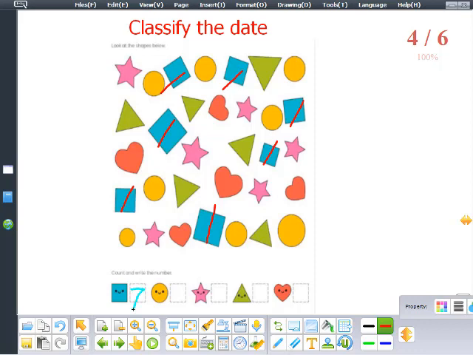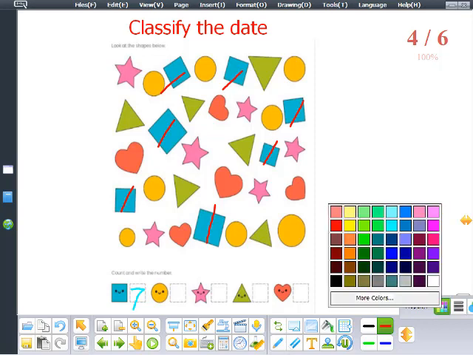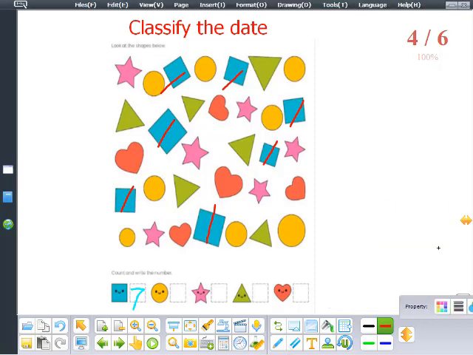Well, what about the circle? How many circles do we have? Let's count them. The one you count, make a cross. Well, 1, 2, or let's count it with a different color. Let's make it with red as it was.